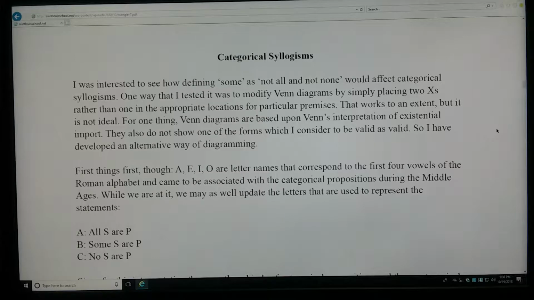Those 4 statements were traditionally represented with the letters A, E, I, and O since the Middle Ages, which are just the first 4 vowels of the Roman alphabet. Since we are updating the type of categorical statements, we may as well also update the letters. So I'm going to use A for all SRP, B for some SRP, and C for no SRP.